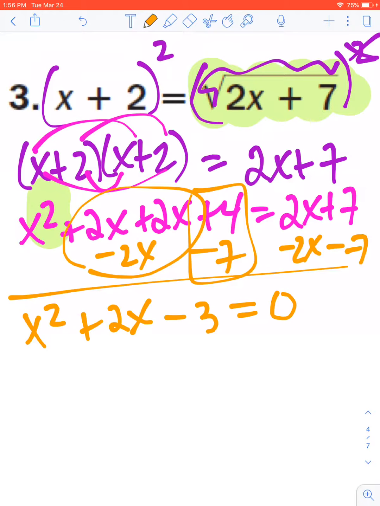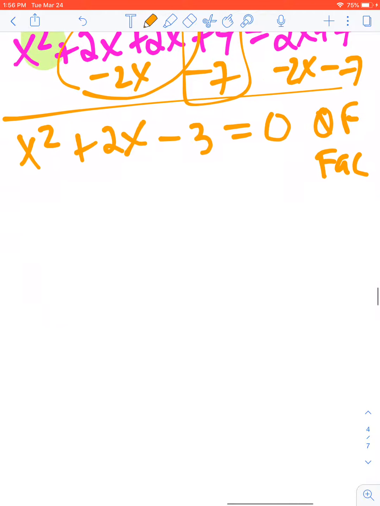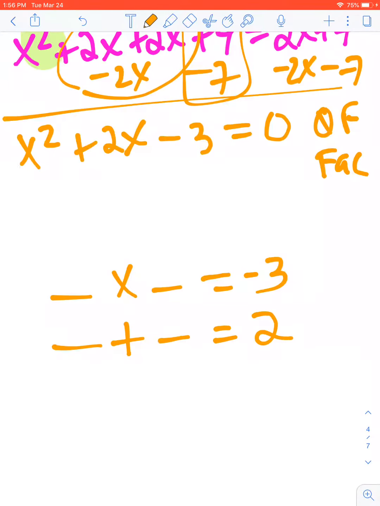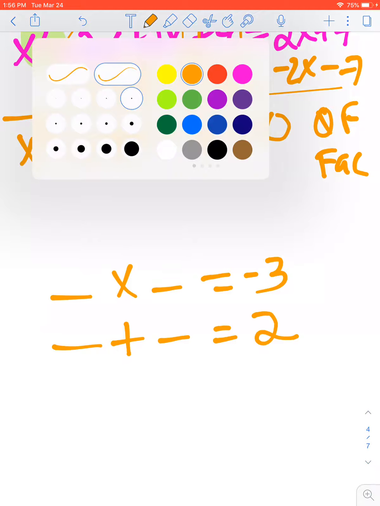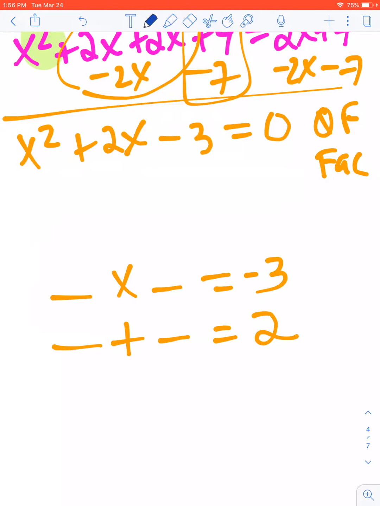Again, you can use quadratic formula if you would like, but I'm going to factor. I'm going to ask myself, what two numbers multiply to give me a -3, but add to give me a 2? And those two numbers are going to be 3 and -1. 3 times a -1 is -3. 3 plus a -1 is 2.